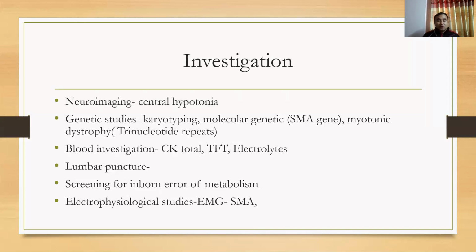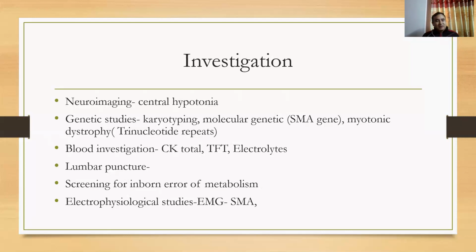And we have to look at electrolytes, especially calcium, because calcium disorders can cause hypotonia in the child. Regarding lumbar puncture, yes, some encephalitis can present as hypotonia, but only if the history is suggestive of encephalitis are we supposed to do the lumbar puncture. Otherwise, we can defer these investigations.